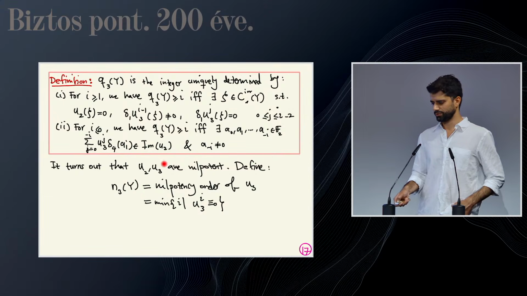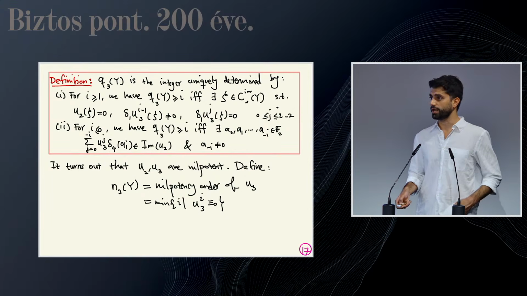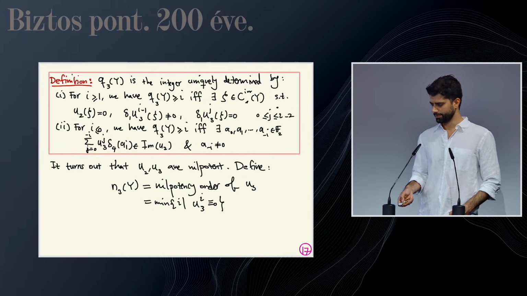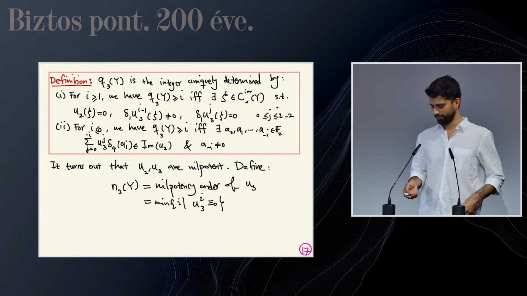U2 and U3 being nilpotent is the F2 analog of being simple type. I'm not stating any conjecture that there's some Z mod 2 version of simple type here, but this has a similar flavor to the simple type condition adapted to the case of three-manifolds.